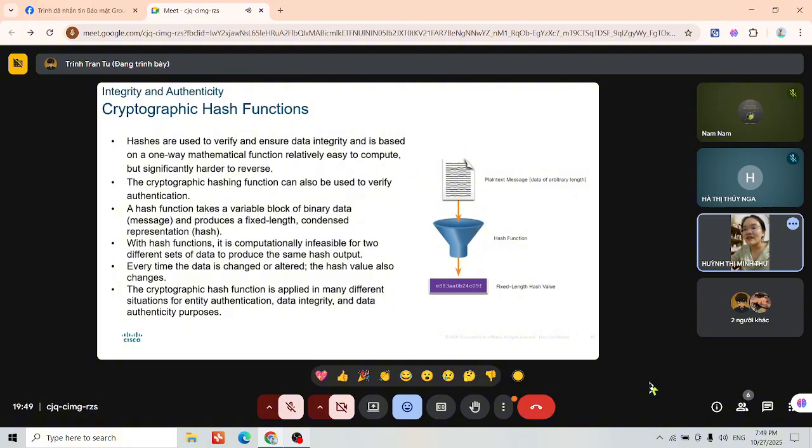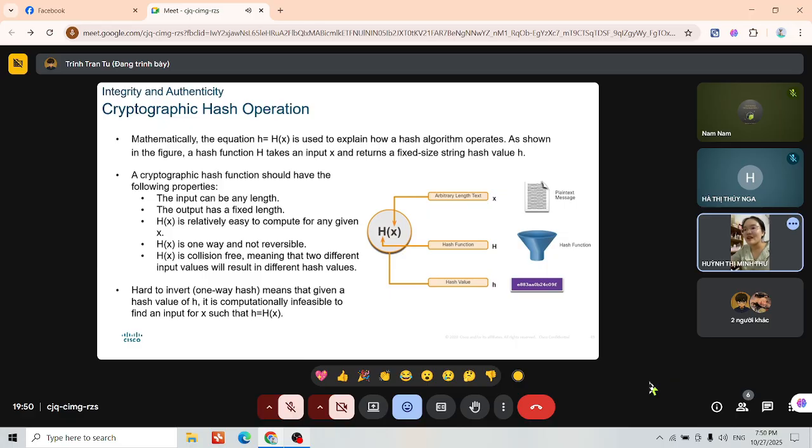And the fifth, every time the data is changed or altered, the hash value changes. And the last, the cryptographic hash function is applied in many different situations for entity authentication, data integrity, and data authenticity purposes. Next slide.